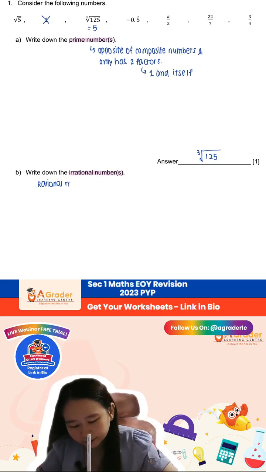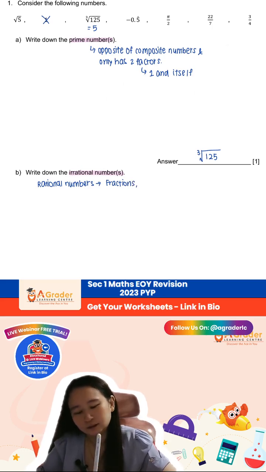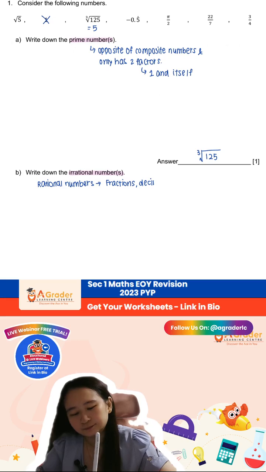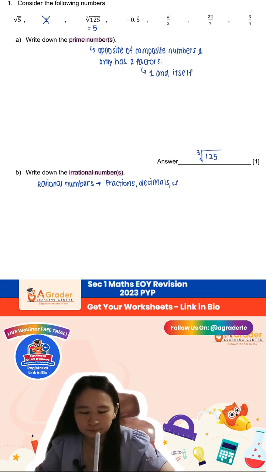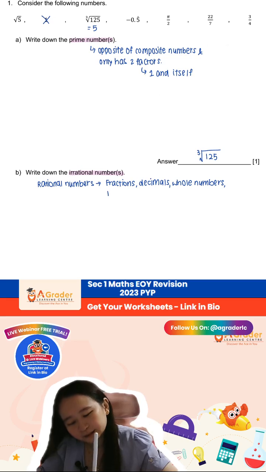So what kind of numbers are rational? It can be fractions, decimals, whole numbers, and recurring numbers.